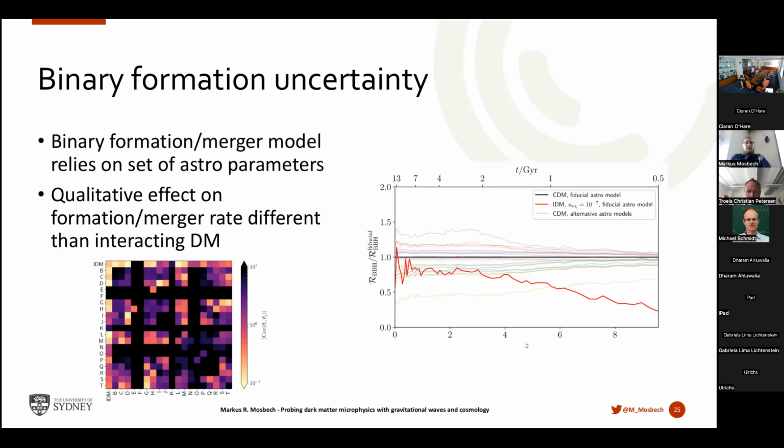So essentially the COMPASS code has a bunch of different astrophysical parameters that you can tune to different values, taking all sorts of things into account.